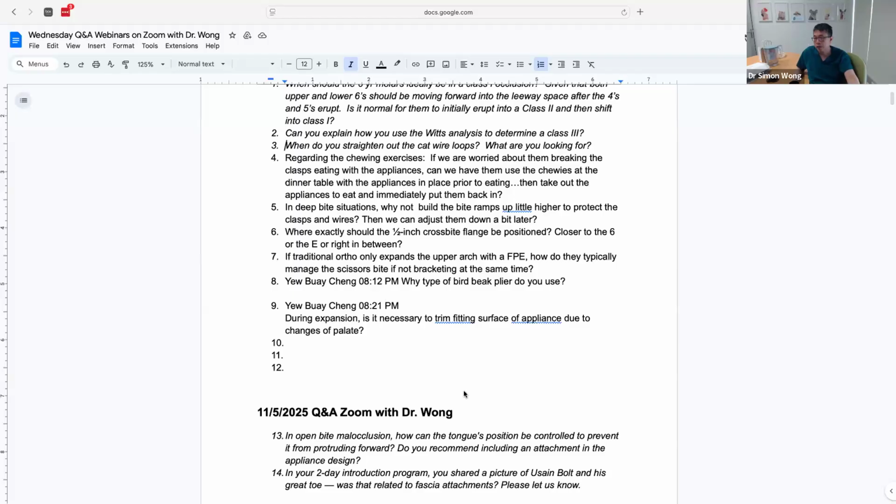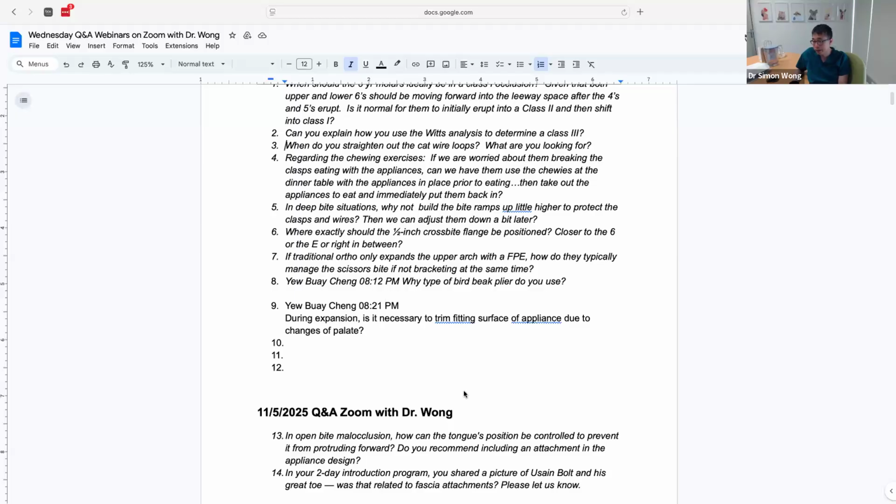During expansion, is it necessary to trim the fit surface of the appliance due to changes of the palate? You know, when I first started, if there were really high palates and weird shapes, I would smooth things off. But over the last 10 years, I've stopped doing that, and it doesn't seem to make any difference from my perspective.